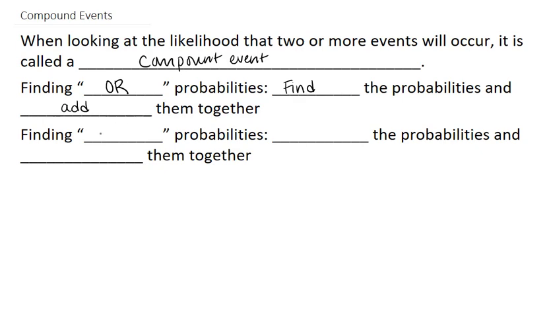Then finding "and" probabilities, we will find the probabilities, and then we're going to multiply them together. So we'll see this in two different examples.